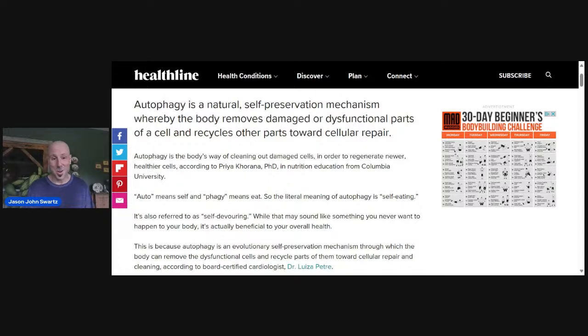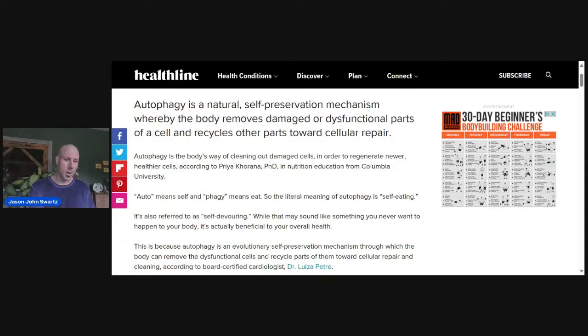Think how smart it is that humans didn't invent the idea of having recycling and garbage removal. The cell has been doing this. It's intelligent design. So autophagy is the body's way of cleaning out damaged cells in order to regenerate newer, healthier cells, according to Priya Khurana, PhD in nutritional education from Columbia University.